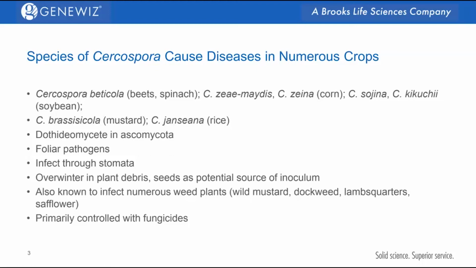They cause infection by entering the plant through stomata. So far what we know in Cercospora is they overwinter in plant debris, and seeds have also acted as a potential source of inoculum. However, how they reach the seeds, how they infect the plant and are able to colonize the seed is not known yet.